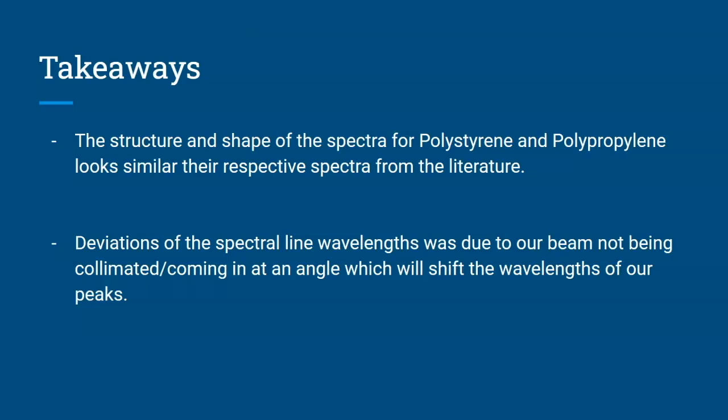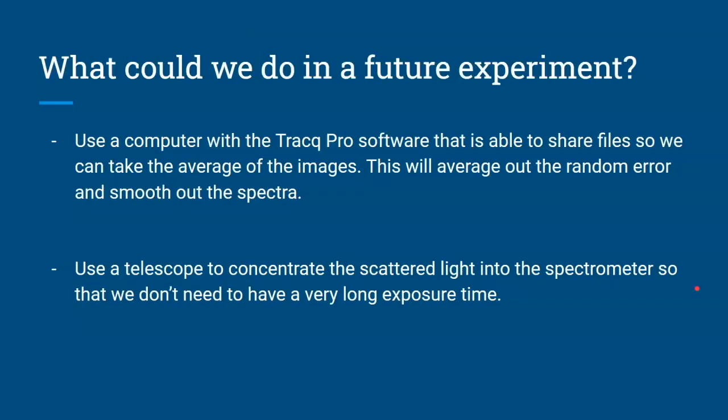Otherwise, the wavelength of the reading will be shifted. And overall, we found around a 5 nanometer shift in our wavelengths, which caused our Raman shifts to be relatively massive. So where could we improve?